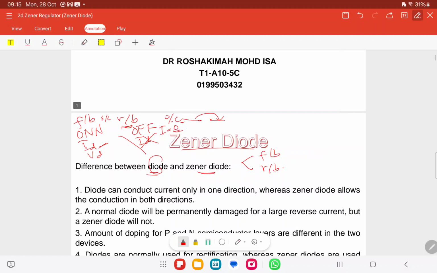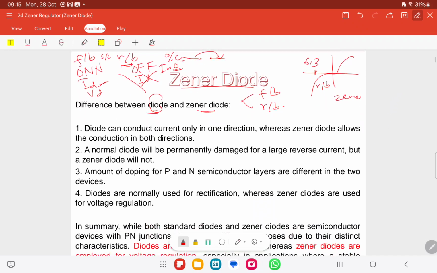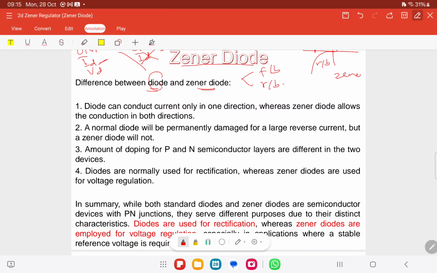Remember when I drew the IV characteristic, for the Zener diode it goes up to a certain value. This is for reverse bias. A diode can conduct current only in one direction, whereas a Zener diode allows conduction in both directions, meaning forward bias and reverse bias.